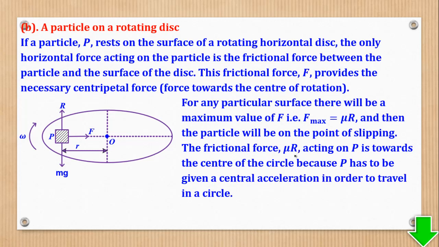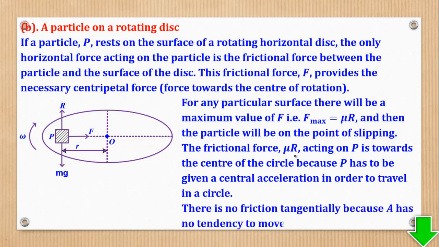So for circular motion, there must be centripetal acceleration and centripetal force. And remember, there is no friction tangentially because P has no tendency to move in that direction.